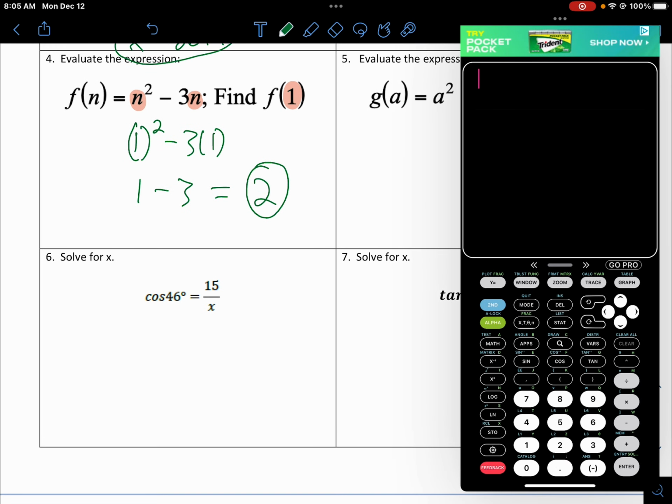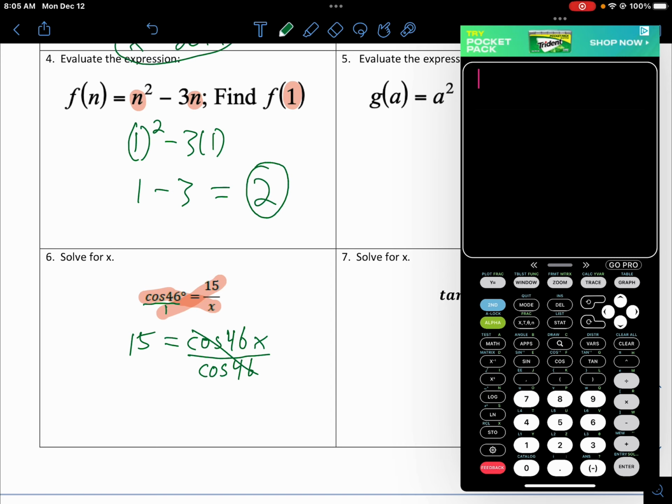Bring back this. This is just solving, okay? So you're just going to start with cross multiplying. And then you go from there. So 1 times 15 is 15. Cos 46 times x. Well, they're not like terms, so cos 46x. And then you've got to get x by itself.